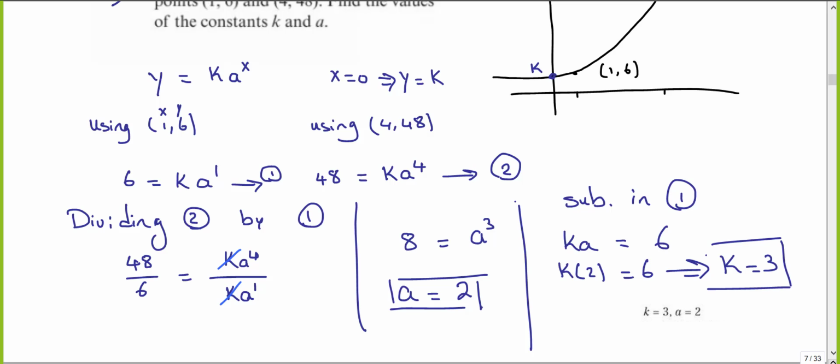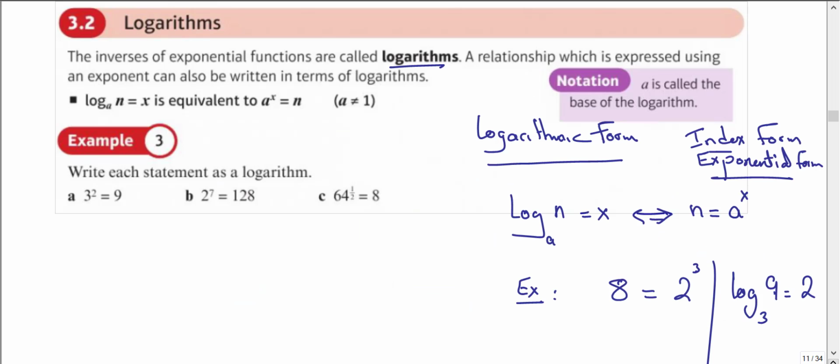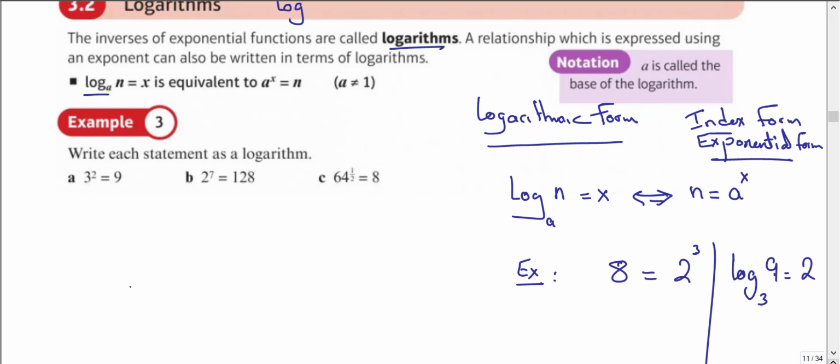Easy? Right. Now we move to the second point, which is logarithms. There is something called log. Log stands for logarithm. It is a function. First thing we have to learn is how to change it from the log form to the index form or exponential form. Now, what is the log form?